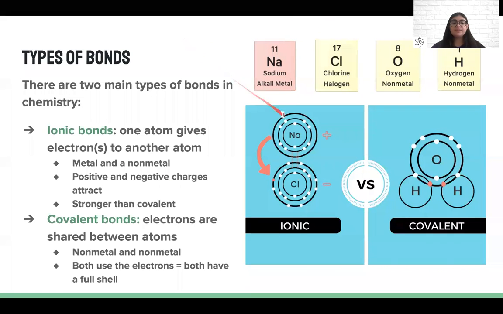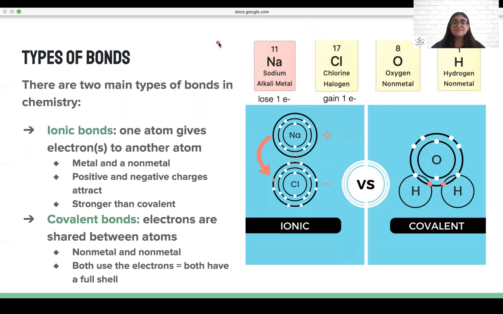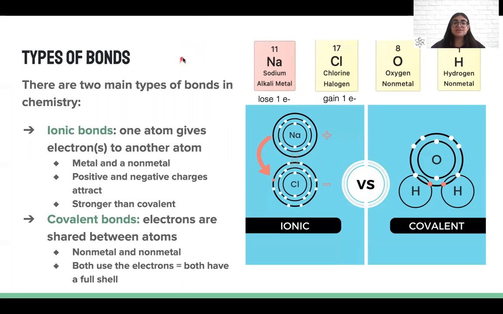So, if we have one element that wants to lose 1 electron, and then we have another atom of another element that wants to gain 1 electron, well, the easiest thing to do would be for sodium to just give chlorine 1. Then sodium is happy, chlorine is happy, and everybody's happier, basically. So that's actually just an ionic bond.